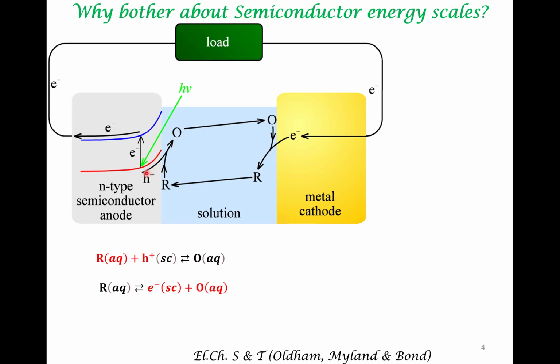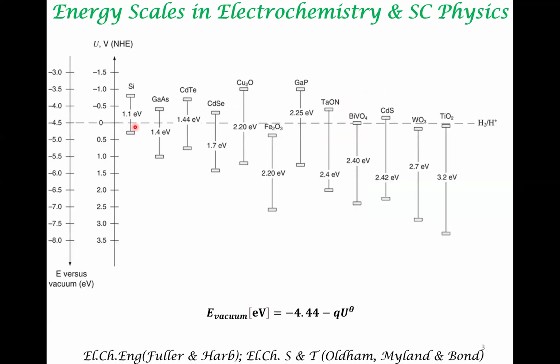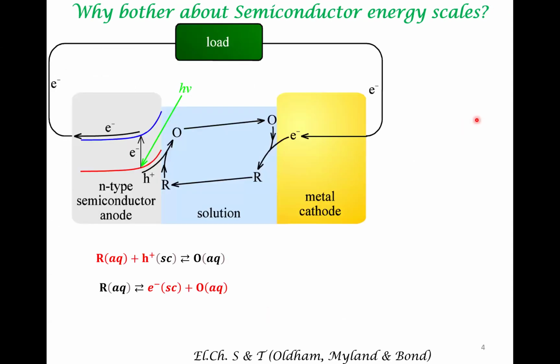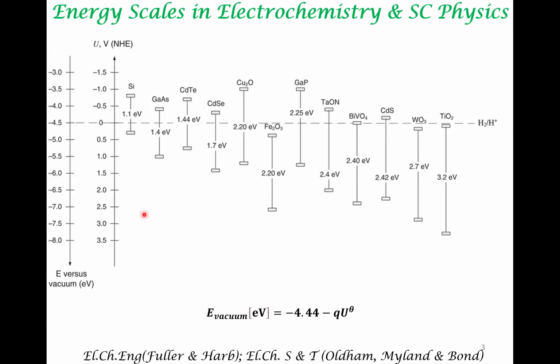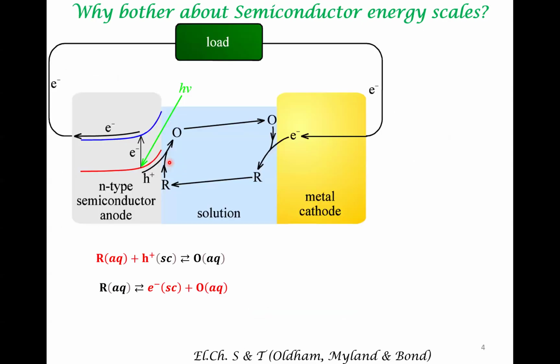To know in which direction electron transfer and hole transfer will take place, we need a way to compare the position of the energy levels in a semiconductor with the positions of redox levels. So to facilitate electron transfer between semiconductor and redox species, we need a common scale wherein the energy of the redox levels that are typically mentioned in electrochemistry can be compared to the energy levels of a semiconductor. We'll again elaborate this as we go further.